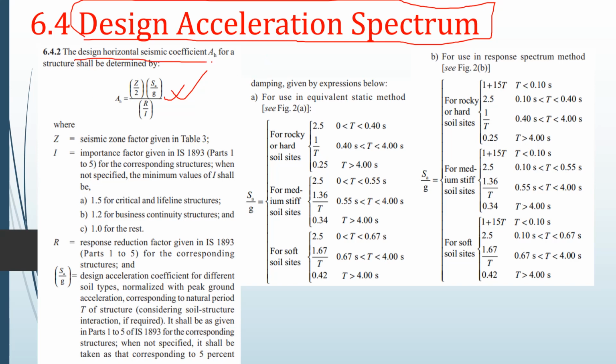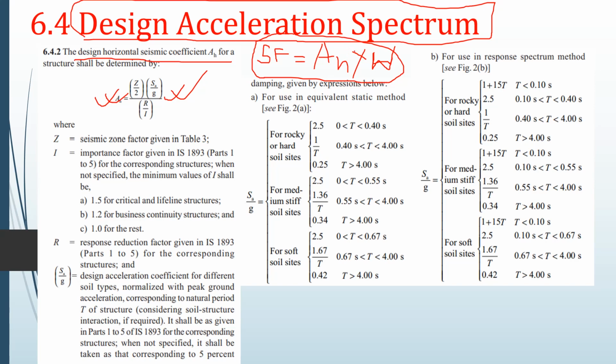The design horizontal seismic coefficient Ah for a structure shall be determined by using this formula. If you remember, we talked about an expression in which we said that the design seismic force is a product of this horizontal seismic coefficient Ah and the seismic weight of the building W. We discussed in detail the calculation of seismic weight in our first video lecture series.